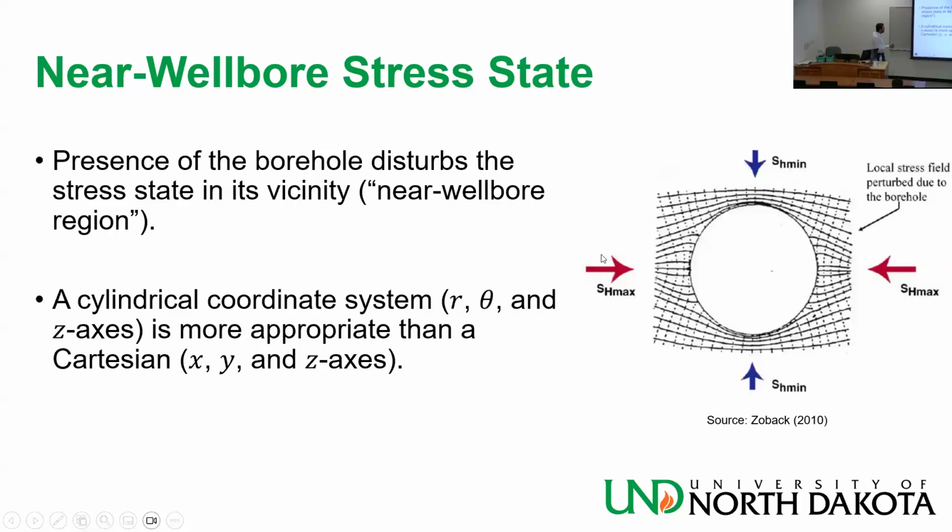But anyway, I don't want to use a Cartesian system, which is X, Y, and Z. Because of the shape of the wellbore, to make it easy on me, I will use a cylindrical system or a polar system, R, theta, and Z. And if you remember from your calculus classes, I will use a black pen to denote it.